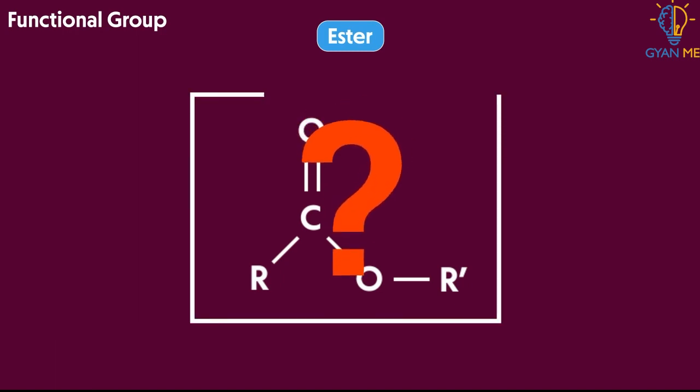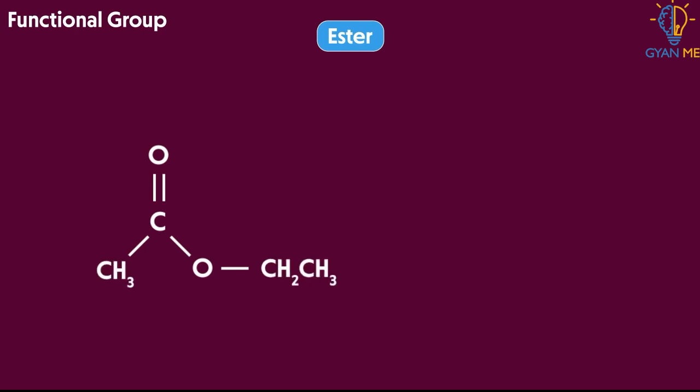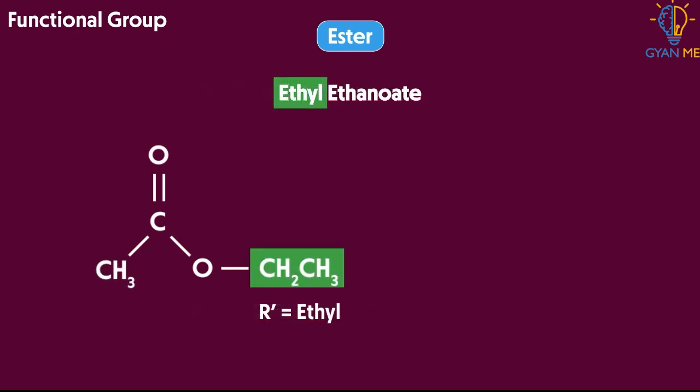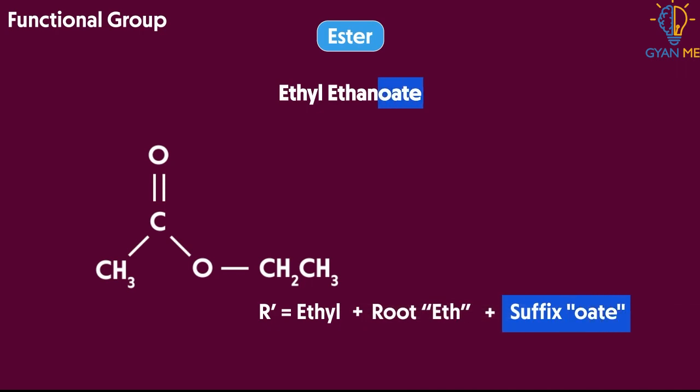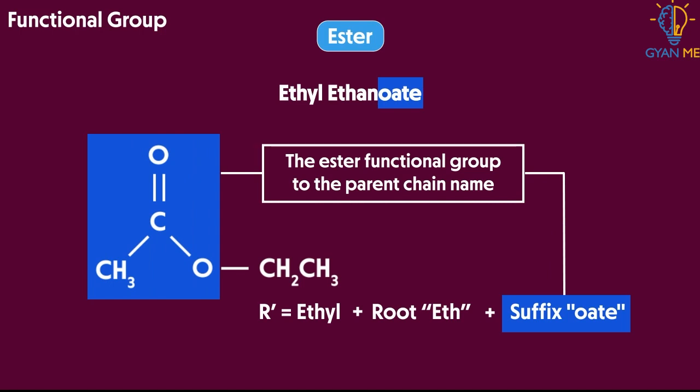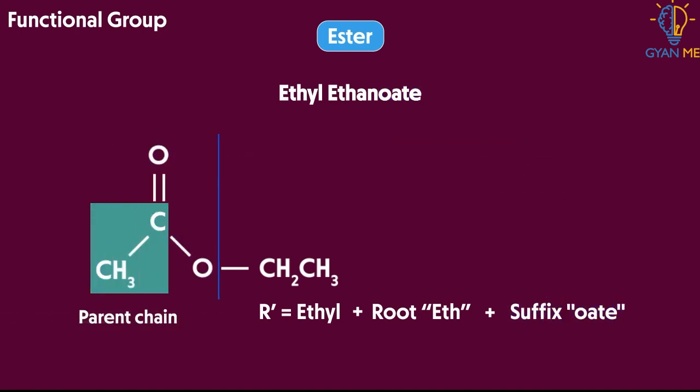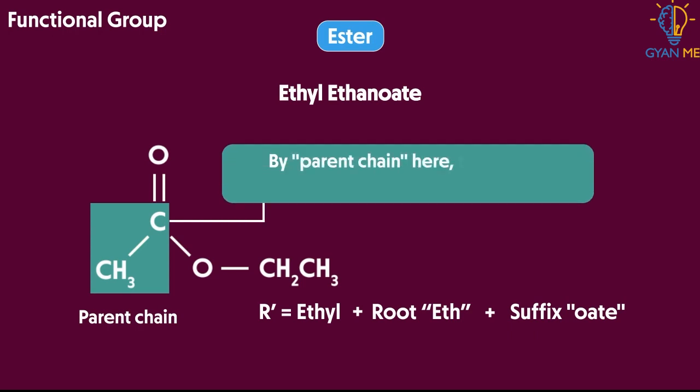And what are you going to call these compounds? It's easy. First, write the name of the alkyl group which is attached to oxygen and then add the suffix -oate, which represents the ester functional group, to the parent chain name. By parent chain here, I mean the carbon chain attached to the carbon atom of the functional group.